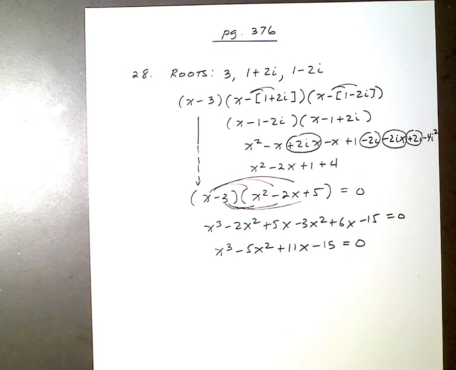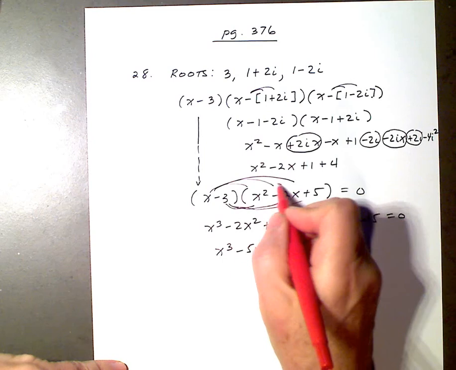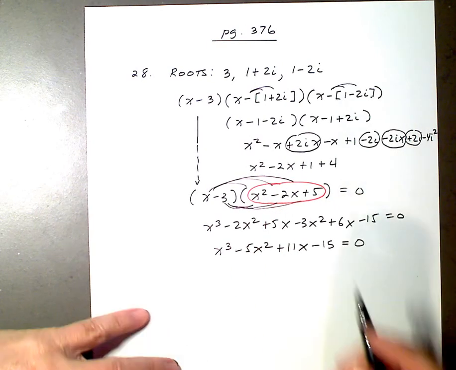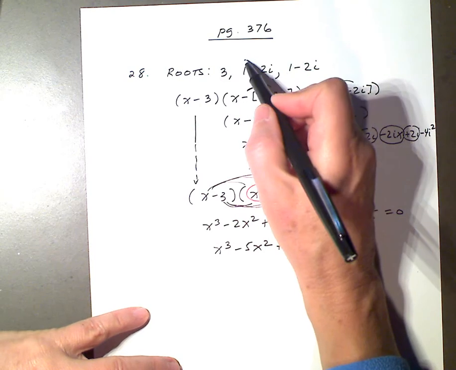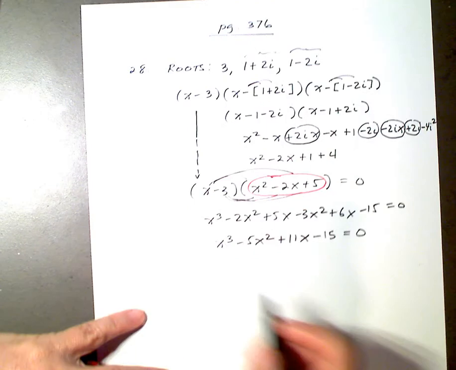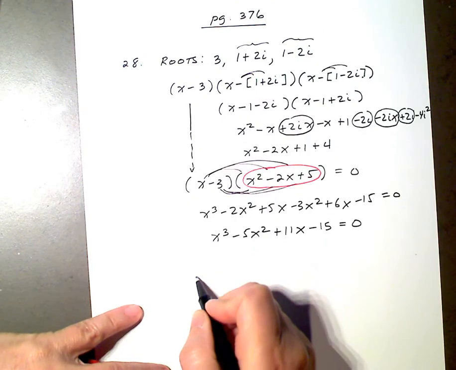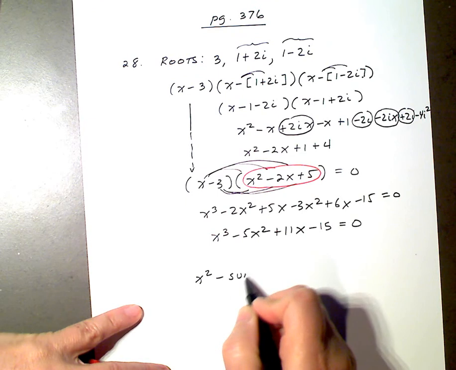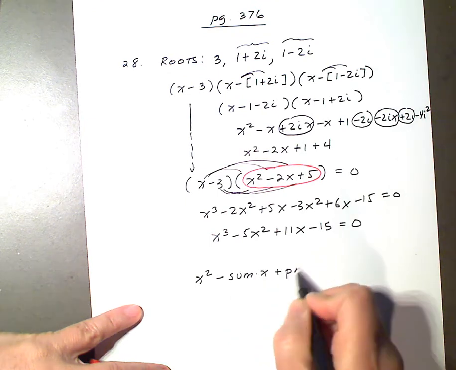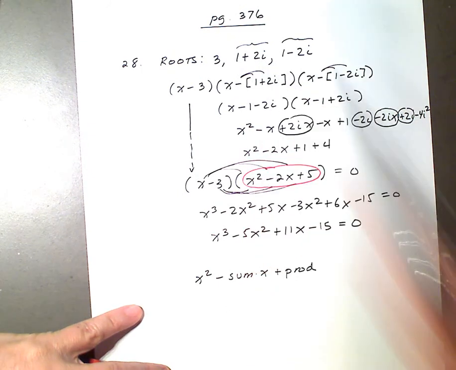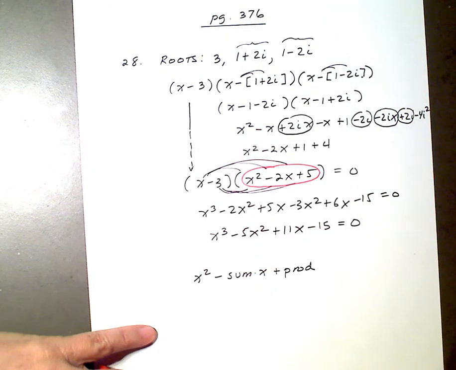Now I promised that there's a really easy way to get this, and it takes us back to what we learned in chapter 7. If I want to multiply together the factors with these two roots, I'm always going to get a quadratic, and it's always going to be x squared minus the sum of the roots times x plus the product of the roots.